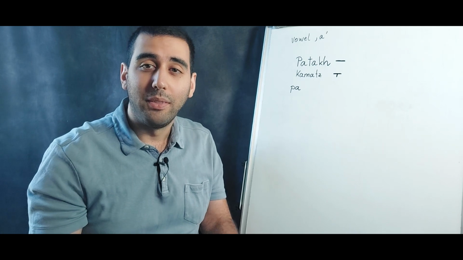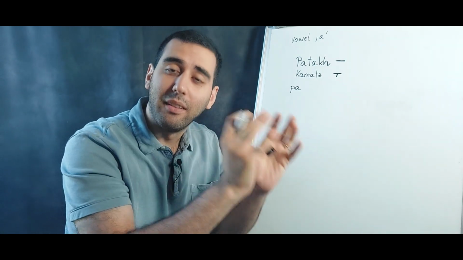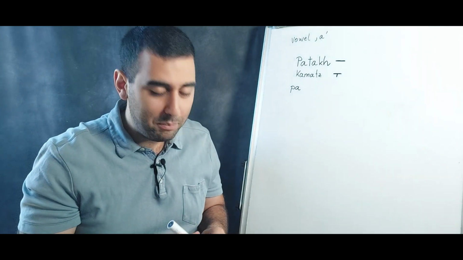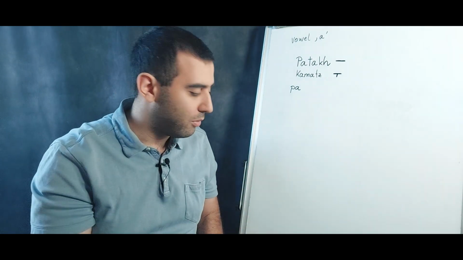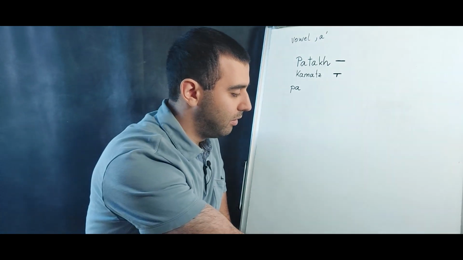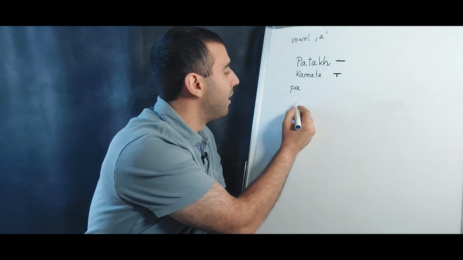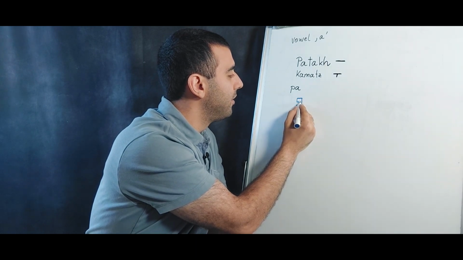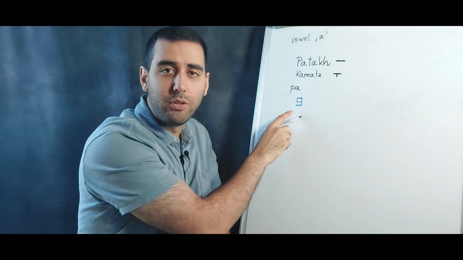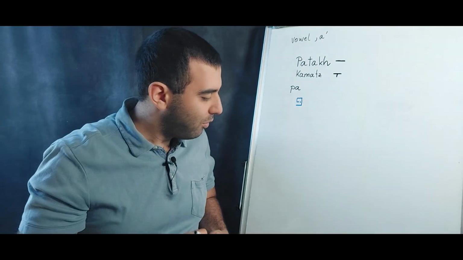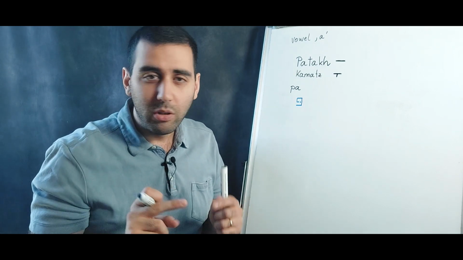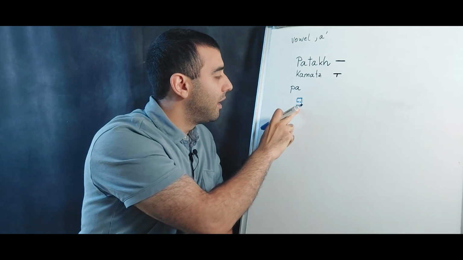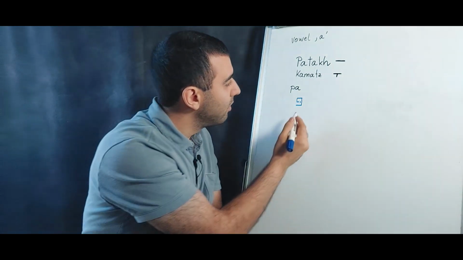We write the vowel not beside the consonant, but under the consonant. So let me show you this example in Hebrew. So we'll have the p, right? This is a p we have learned in the first two lectures. And now we write the vowel not beside the consonant, but under the consonant. So the vowel comes here.